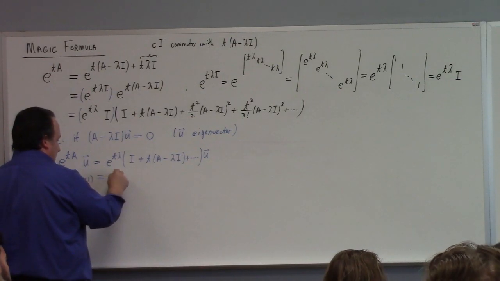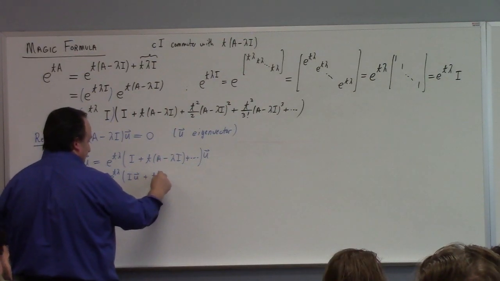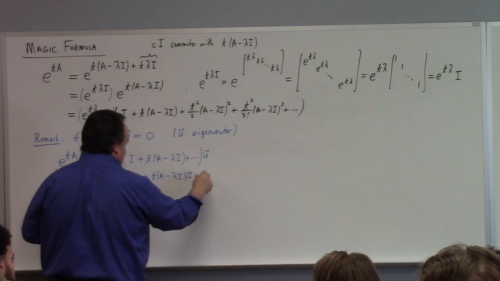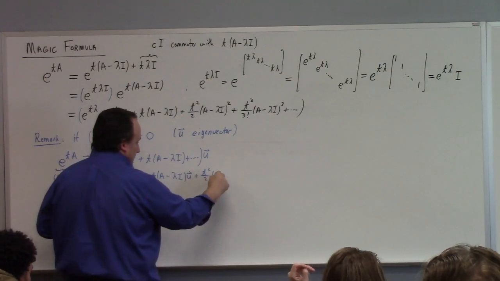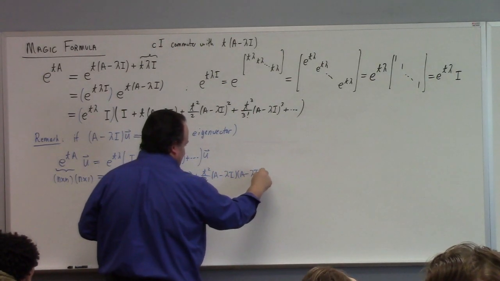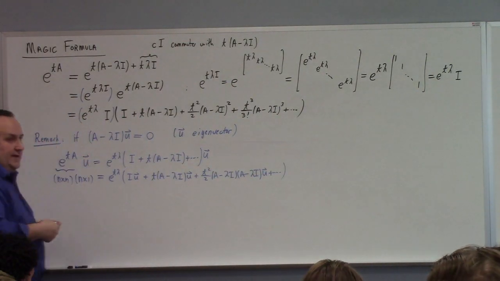Yeah, e to the t lambda times Iu, very good. Then A minus lambda I times u, right? The next thing, if I was to write it down, t squared over 2, A minus lambda I times A minus lambda I. I won't usually write this out, but just to be clear, that's the next thing, A minus lambda I squared.